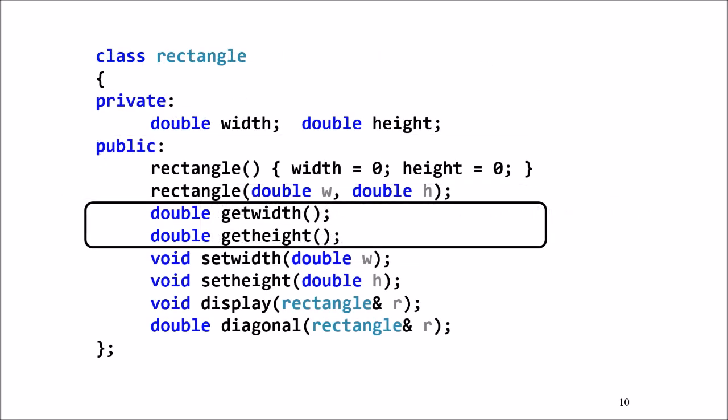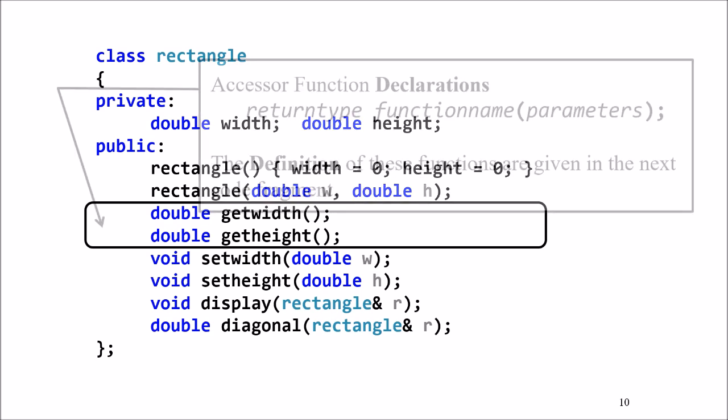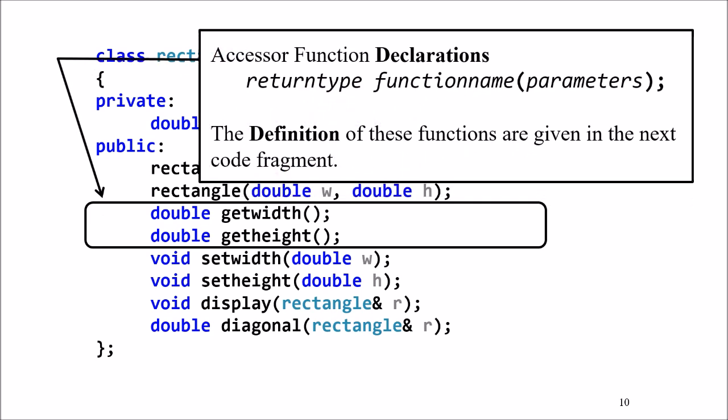The next two lines of code inside the list of member functions perform a similar operation. Let's call those accessor functions because they give us access to the values of the data members, and they have the format: the return type followed by the function name followed by the list of parameters. And again, this is simply a declaration that these functions will be used inside this class.